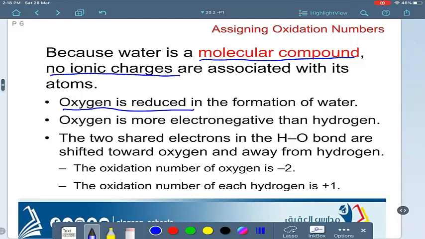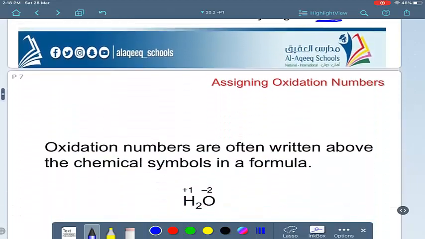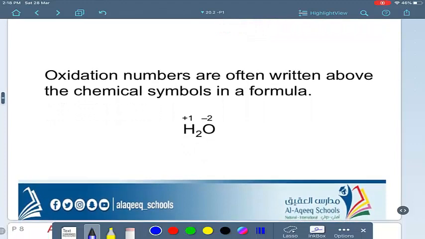Oxygen is reduced because it has higher electronegativity than hydrogen, as I said. So the bond between them makes the electrons shift toward oxygen, and at this moment it has negative 2 charge. Yes, this is the oxidation number. And hydrogen has positive 1 only, as we said before. This is the example of the water molecule.